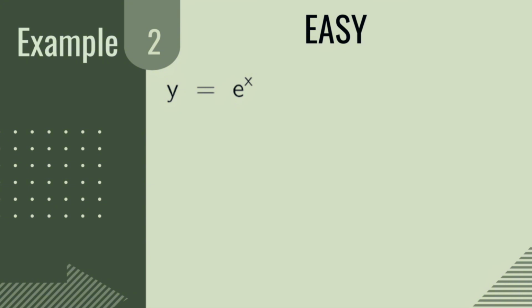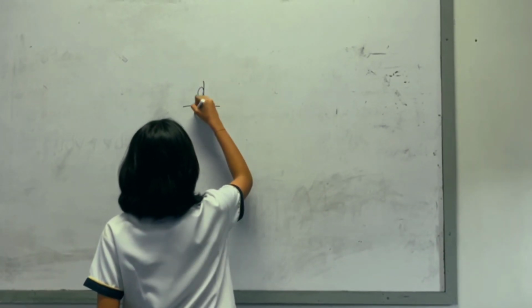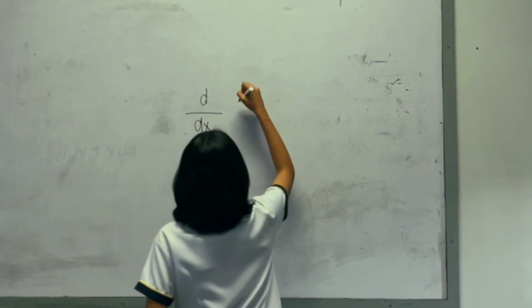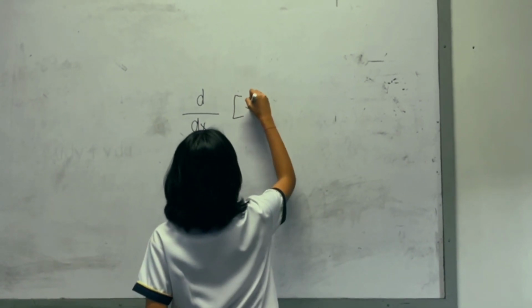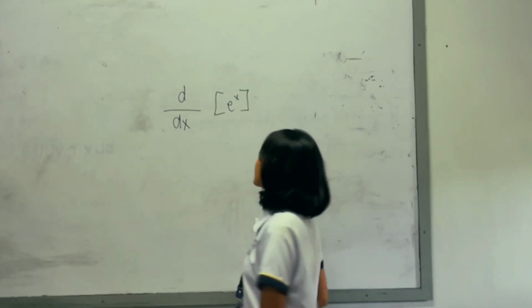In our video presentation, we're going to focus on finding the derivative of exponential functions. So let's start with some examples that contain base e. What is the derivative of e to the x? Here's the formula that you need to know.